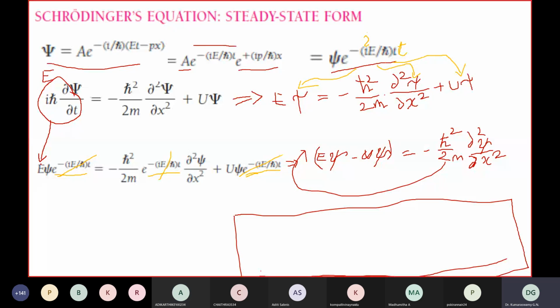Sir, why did we do partial differentiation instead of differentiation? Is it so that we can eliminate the other dimensions, sir?